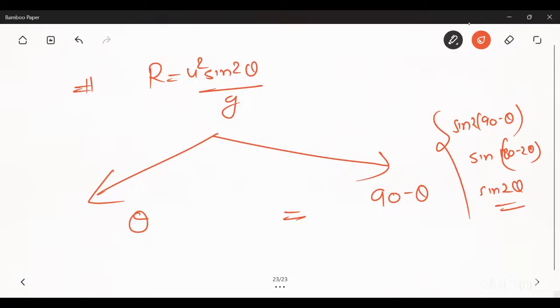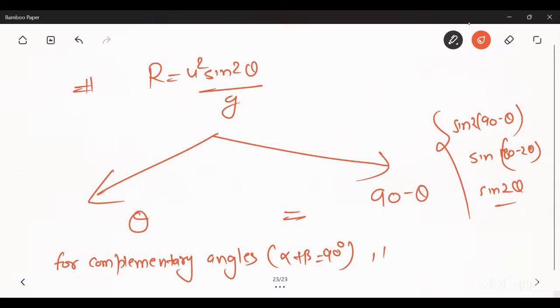Complementary angles mean angles whose sum is 90 degree. For complementary angles, range will be the same.